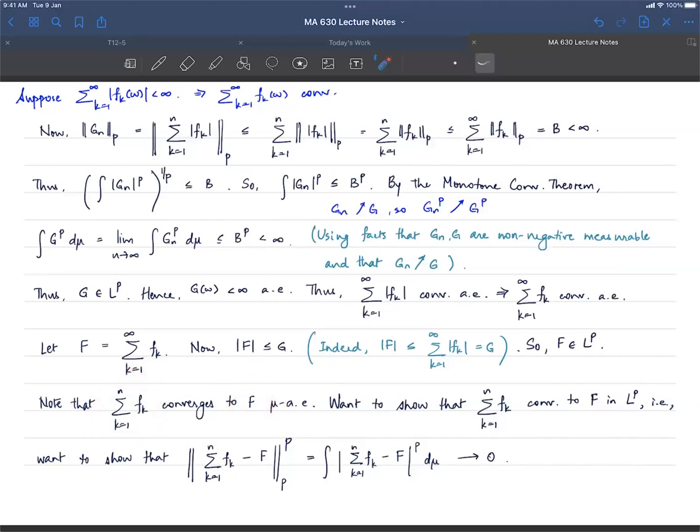That's fine. If I take that to the pth power, that'll also go to 0 almost everywhere. But now I want to show that the integral of that goes to 0.